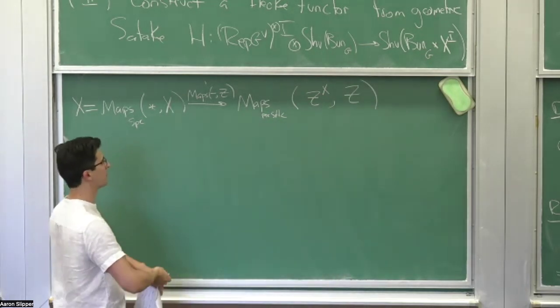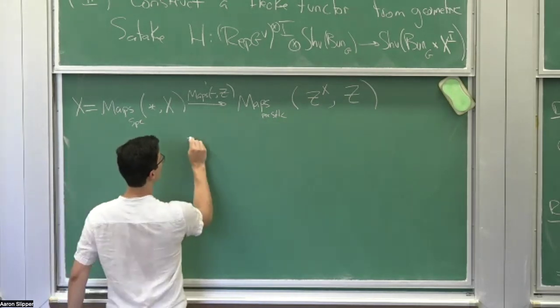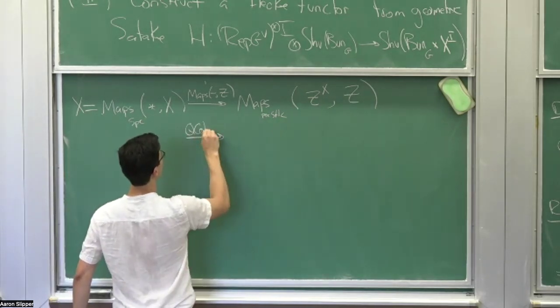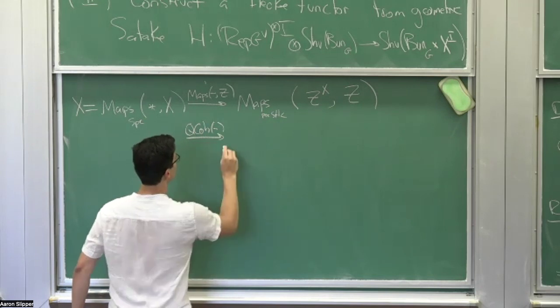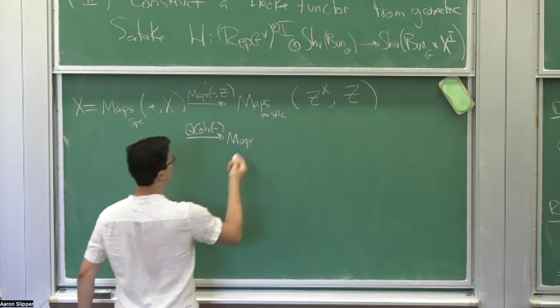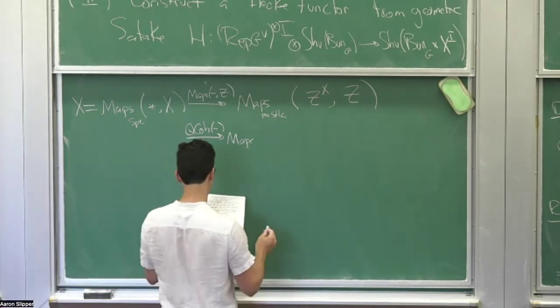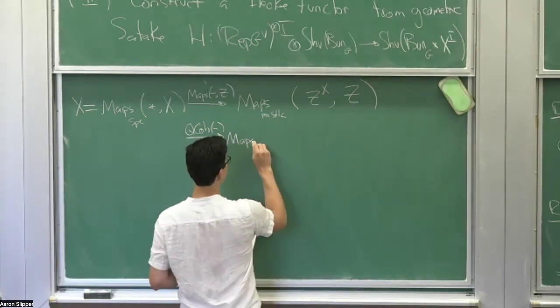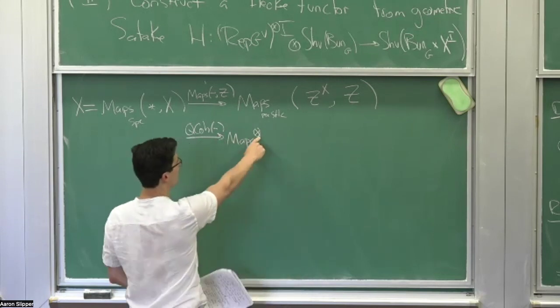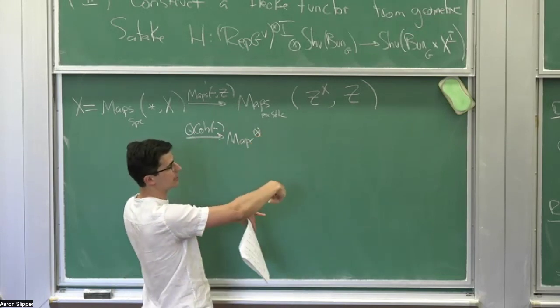Okay, now I apply the functor quasi-core. Quasi-core of a stack is going to be some DG category. So when I write down tensor, I mean DGCat symmetric monoidal.